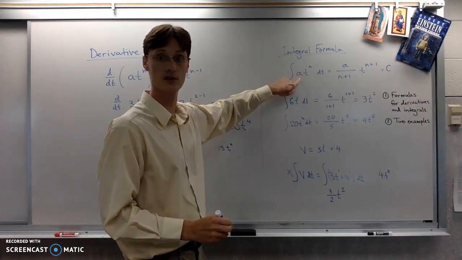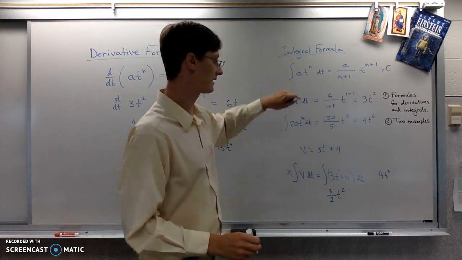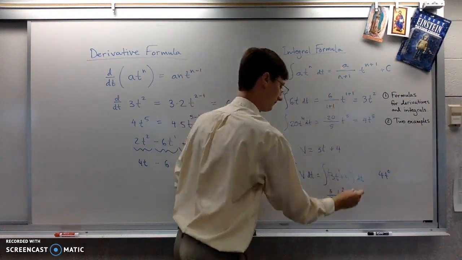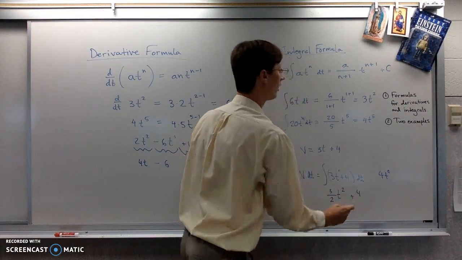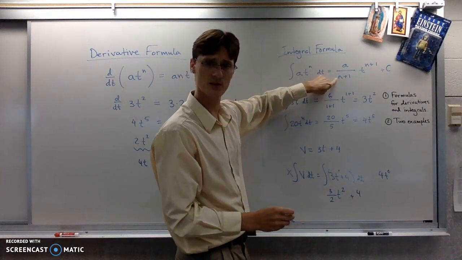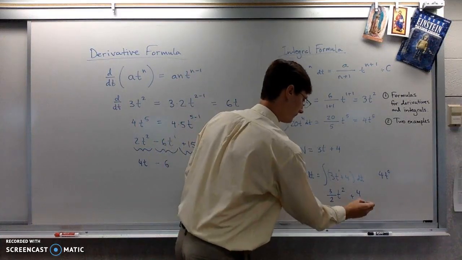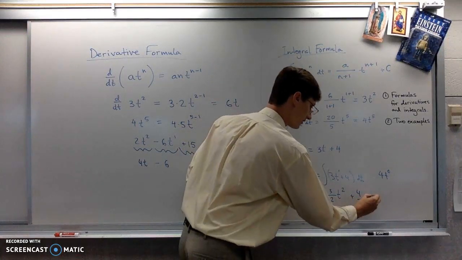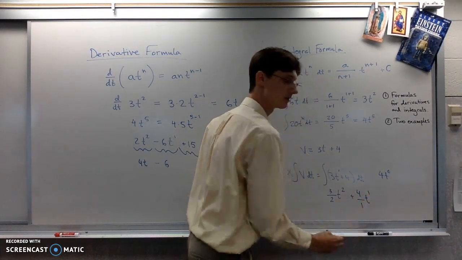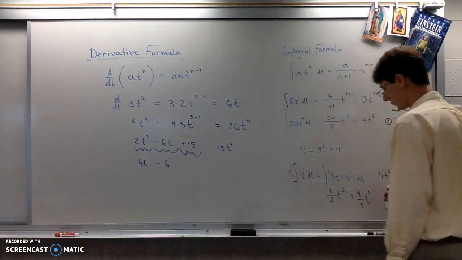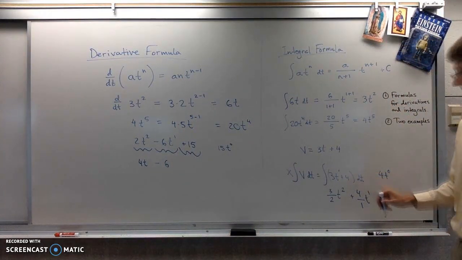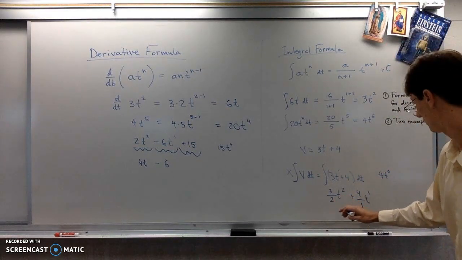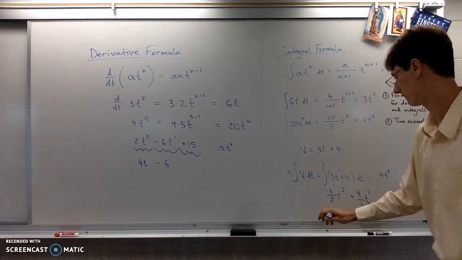Using our integration formula, then, if I take the integral of 4, we would get 4 over n plus 1, which would be 0 plus 1, which is 1. And then the new exponent would be no longer 0, but 1. So the integral of 3t plus 4 would be 3 halves t squared plus 4t.